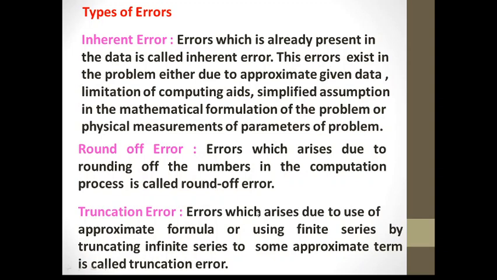It's very difficult to minimize the truncation error. The only way is to use more terms in the infinite series representation for the calculation. I hope you have understood the importance and basic terminologies along with the types of error.